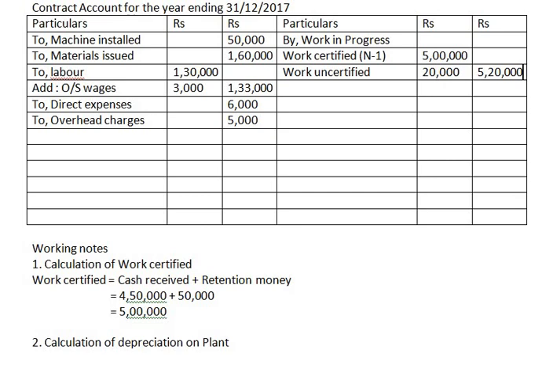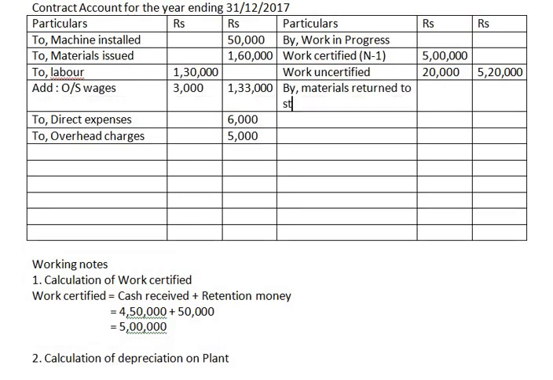Now next we need to take, they have given materials returned to stores. By materials returned to stores, the amount is 2,000 rupees.